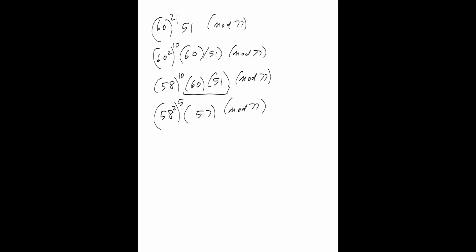So you can't say 58 squared like that. How do you say 58 squared? Double star. So 58 squared is 58 double star 2, and then mod 77 would be percent 77. Then you get 53. So 58 squared has a remainder of 53 when you divide by 77. This is going to be 53 to the power of 5 times 57 mod 77. There we go.